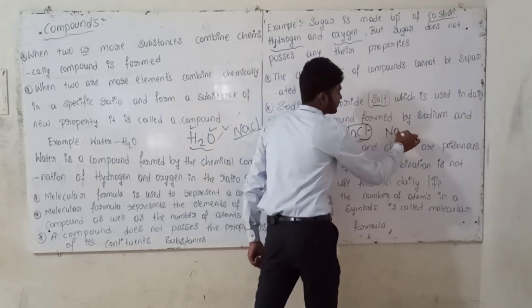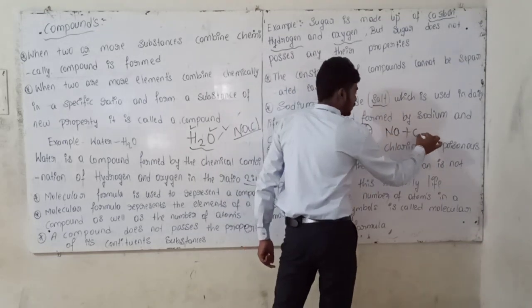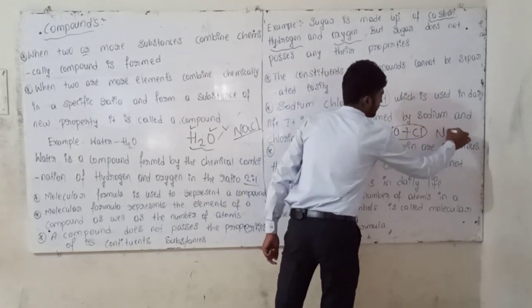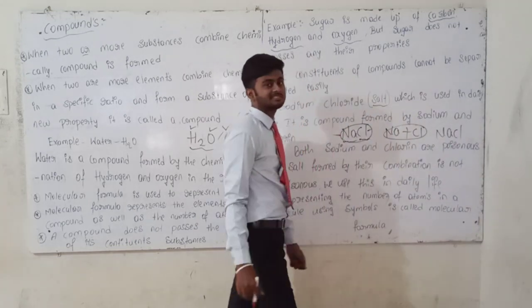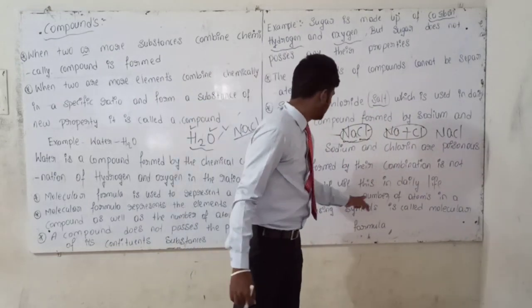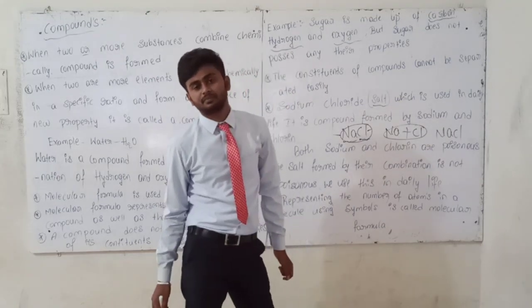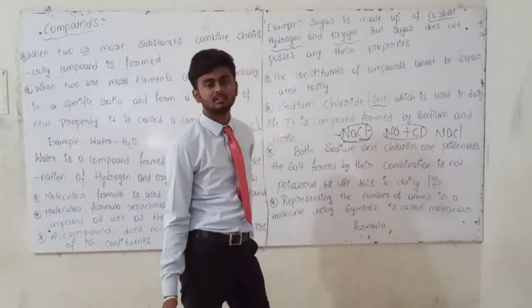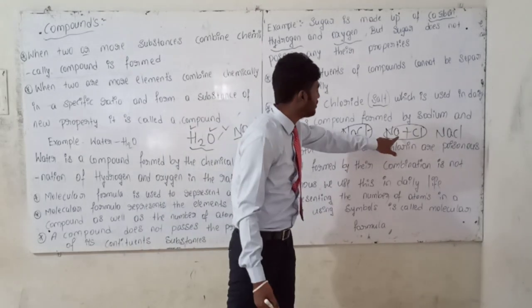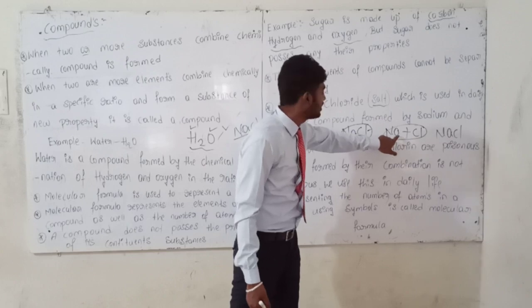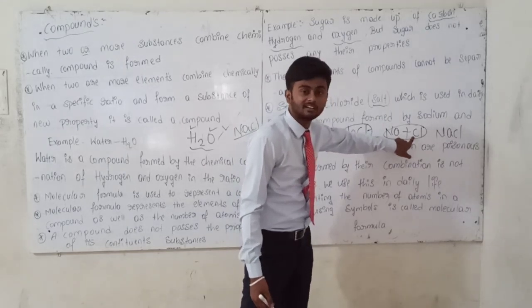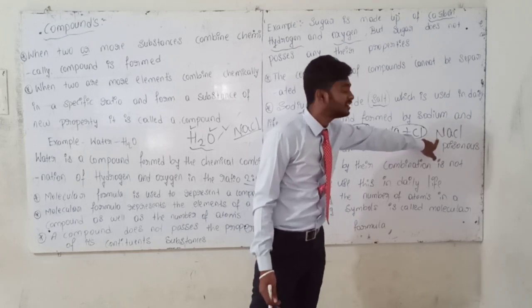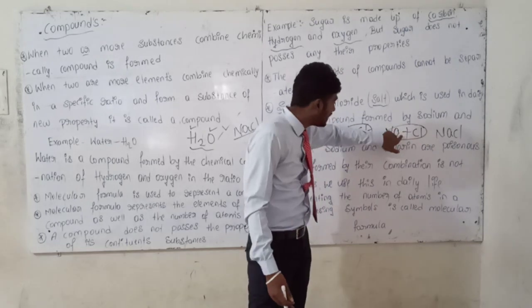Sodium is poisonous, plus chlorine is poisonous, but in combination, sodium chloride is not poisonous, and we use it in our daily life as salt.